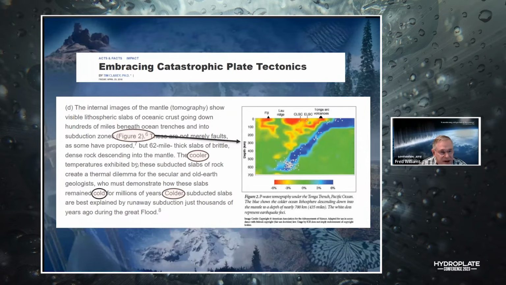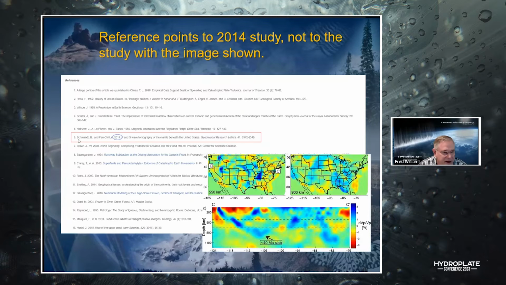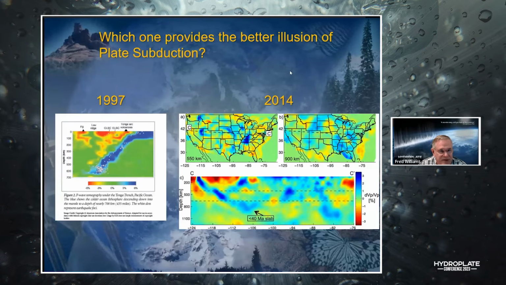So I'd rather have velocities be talked about here than cold and cooler, because that's an assumption that may or may not be true. The other objection I have is his reference. I'm a little bit of a stickler. I do look up these references, and I went to look it up, and it's not a reference to that image. It's a reference to a study that produces these images. So which one of these two images provides a better illusion of plate subduction?